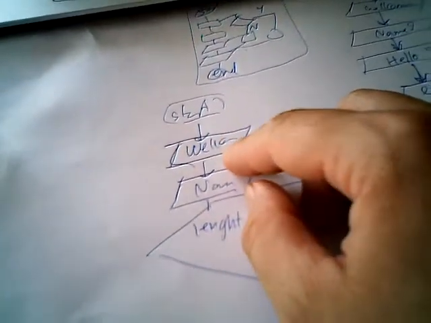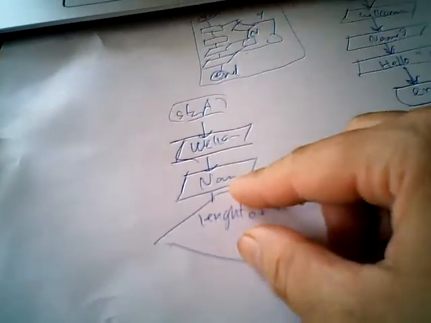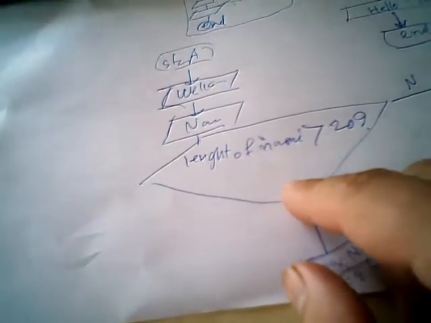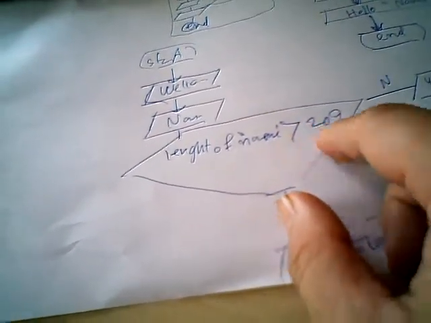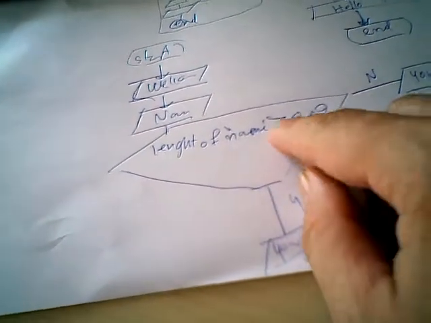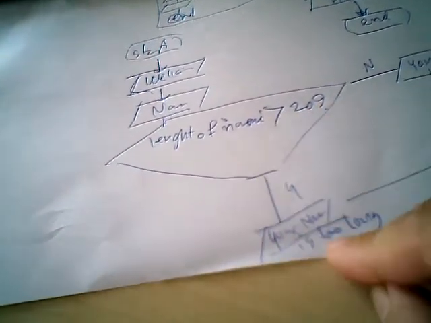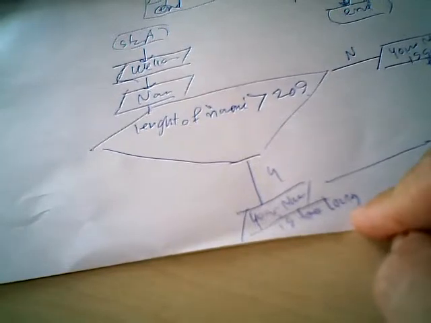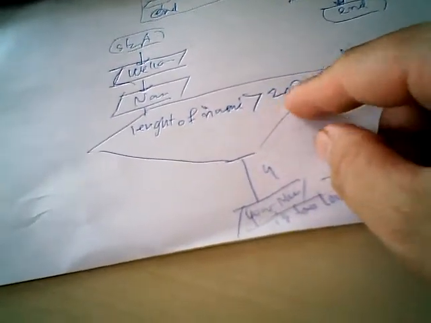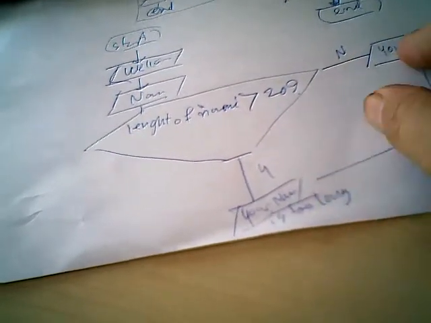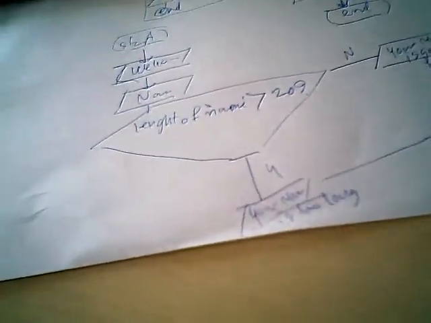Start, display welcome, asking for name, then check the name length, whether it is greater than 20 or not. If it is more than 20, then say your name is too long, and then end. If it's not more than 20, then say your name is good, and then just say end.